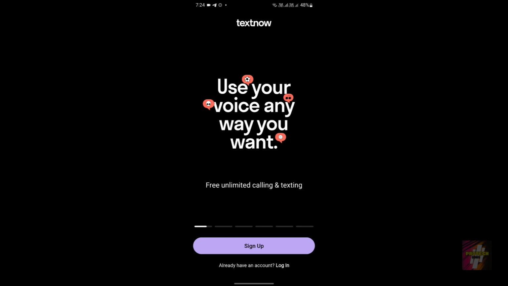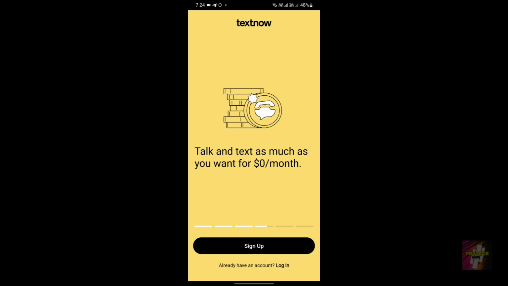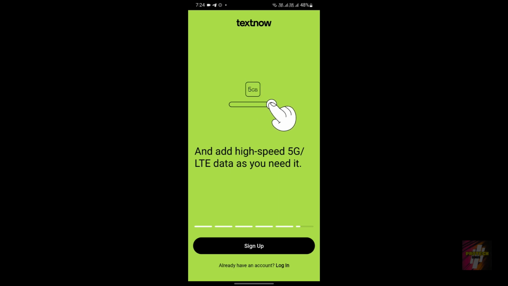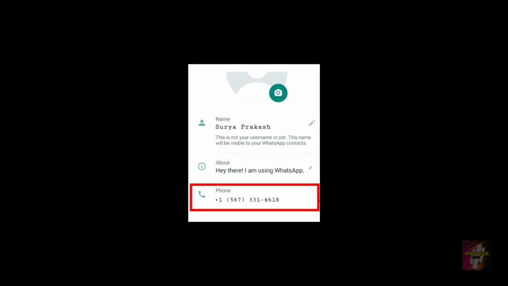But for the folks who do not know about the situation in the US, right now everyone in the US is opting for an eSIM. TextNow provides you with a physical SIM too, but among the eSIM providers, with the applications, TextNow is one of the market leaders. What they do is that they give you your own mobile number. For example, I'll get a mobile number like this.